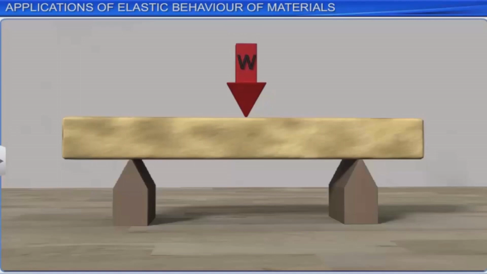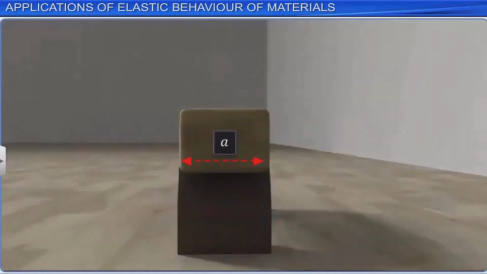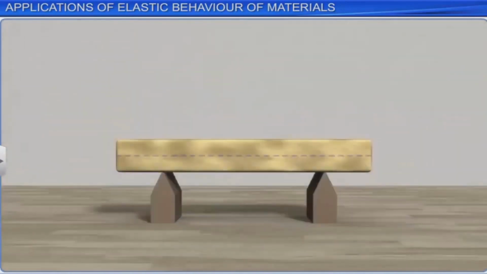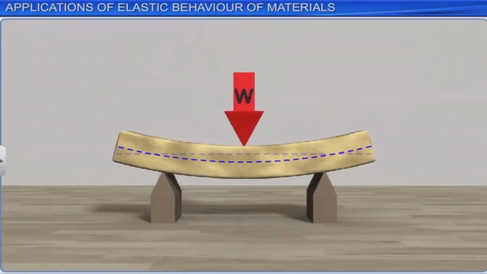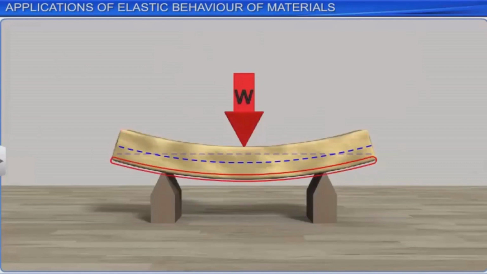The beam has a length L, width B, and thickness A. When a load is exerted at its midpoint, it bends as shown. In the process, the upper surface is compressed, whereas the lower surface is extended.